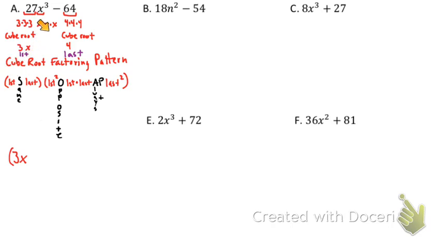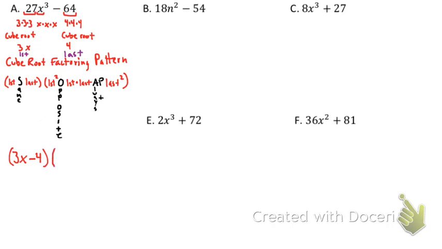The sign we have in our original problem is a negative, so I'm going to put a negative sign. And then our last cube root is 4. Okay, so that's going to go here. And it's that simple. We're done with the first parentheses.